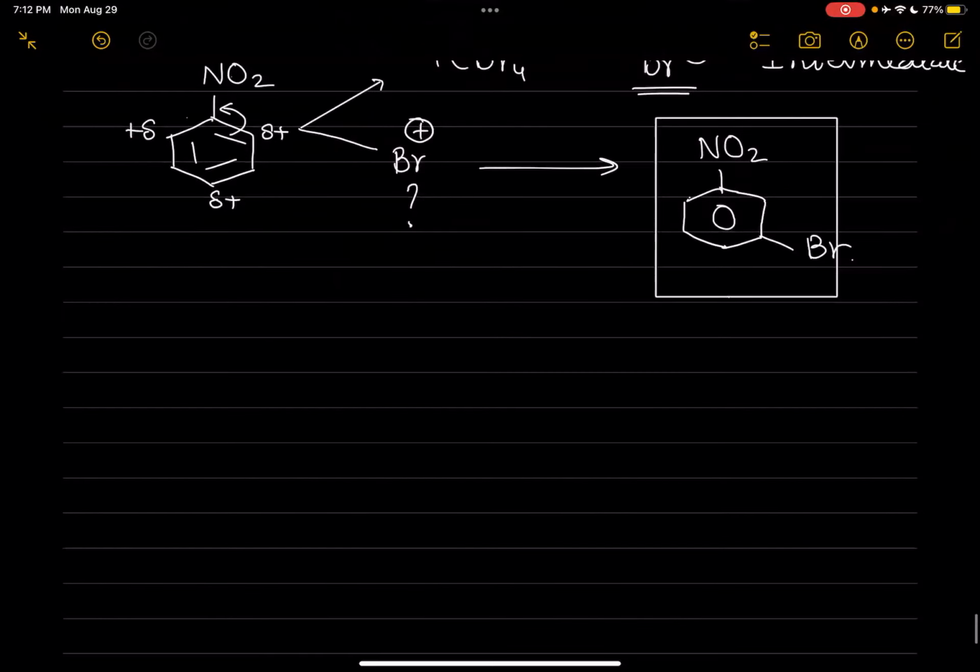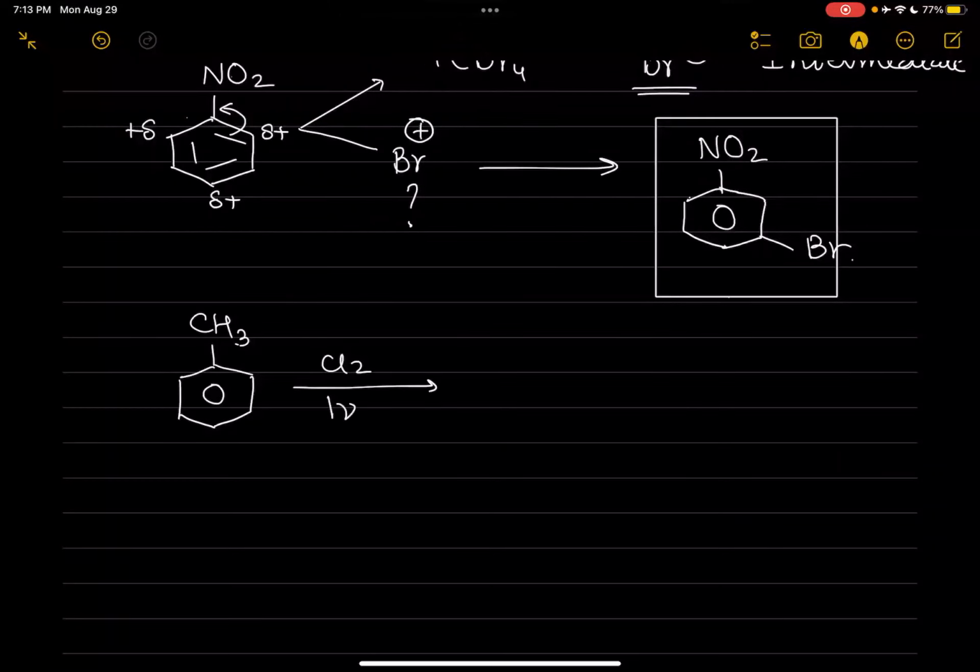Okay. Let's do one question. Suppose you have taken toluene or methyl benzene, and you react it with Cl2, H nu, excess.